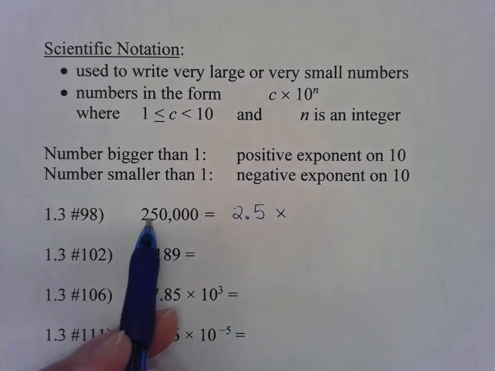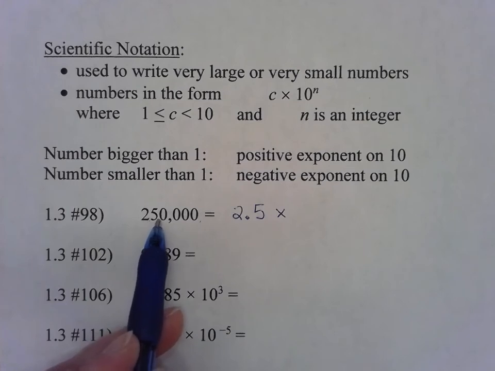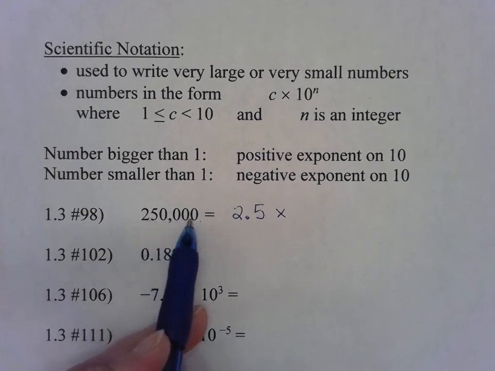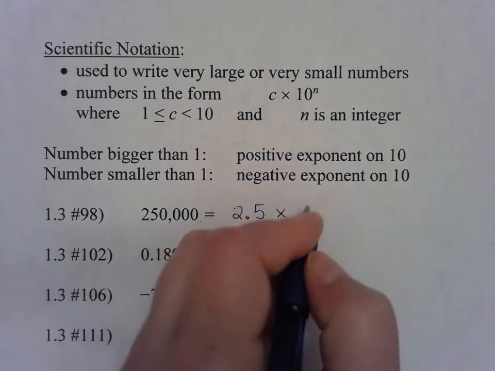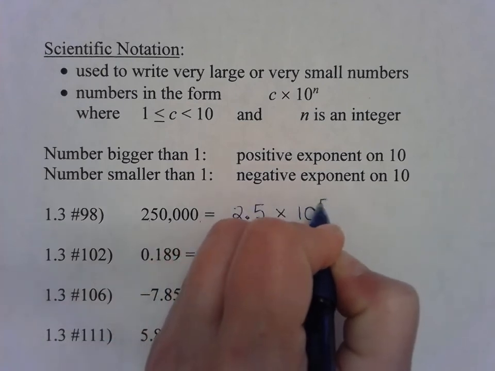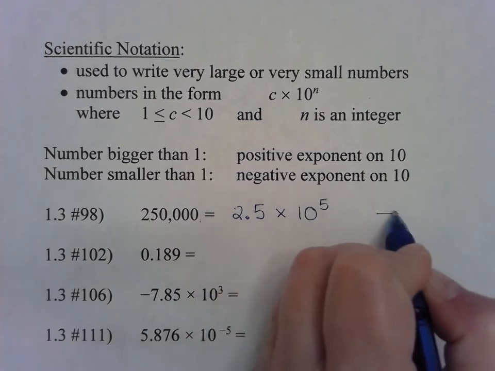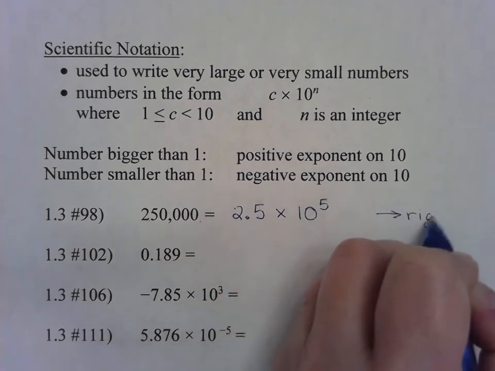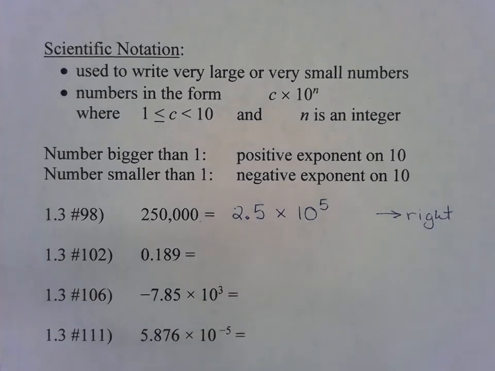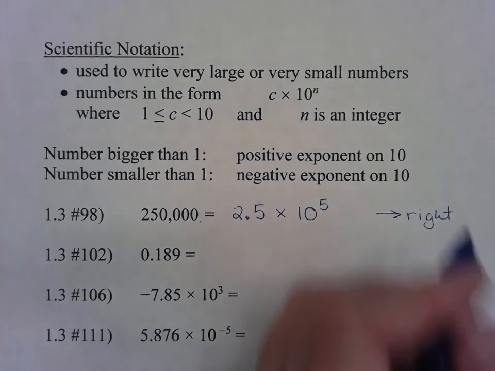So if the decimal were right here, we would need to move it back to where it was by multiplying by 10, 1, 2, 3, 4, 5 times. Notice I moved to the right. If I have a positive exponent on the 10, I'm moving the decimal to the right.